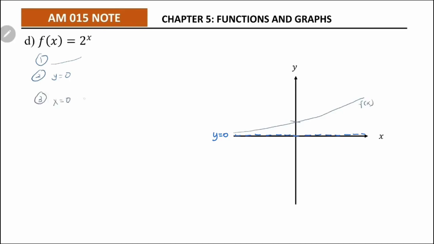At x = 0, y = 2^0 = 1. So the y-intercept is at y = 1. For the domain, the graph does not stop at any point, so negative infinity to infinity. For the range, the lowest point of the graph approaches the asymptote, so 0 to infinity.